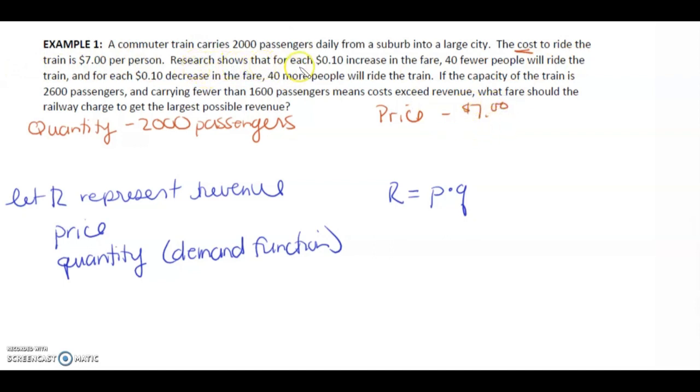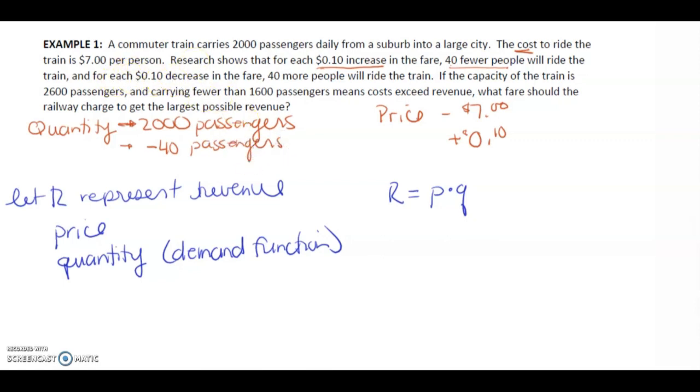Research shows that for each 10-cent increase, 40 fewer people will ride the train. So for a 10-cent increase, I'm going to turn this into an arrow, negative 40 passengers.